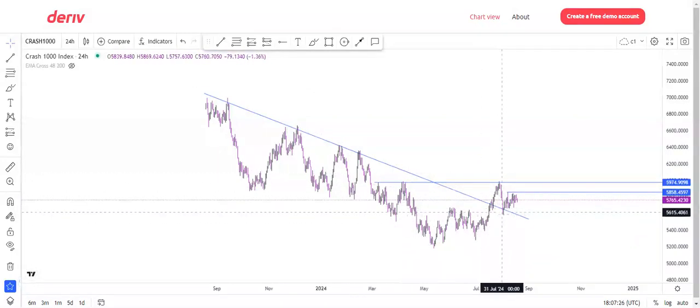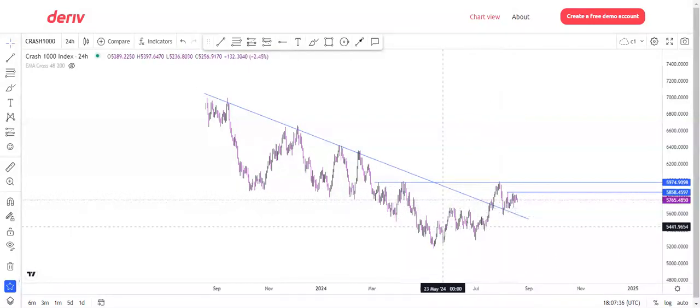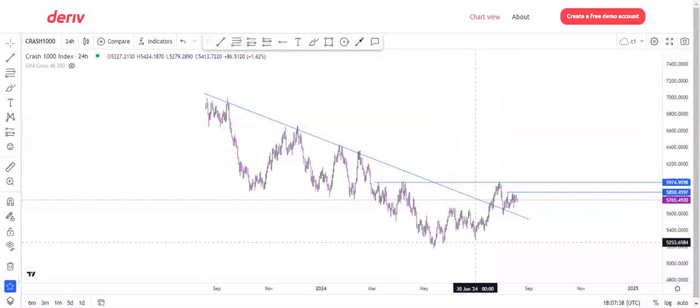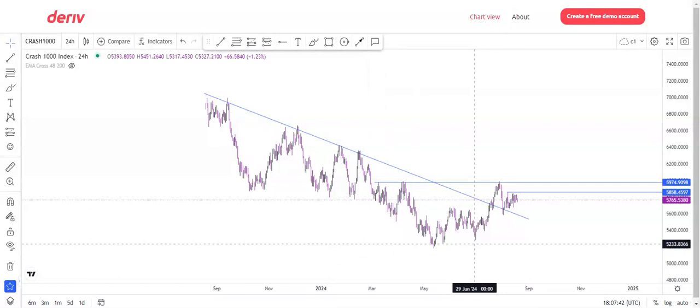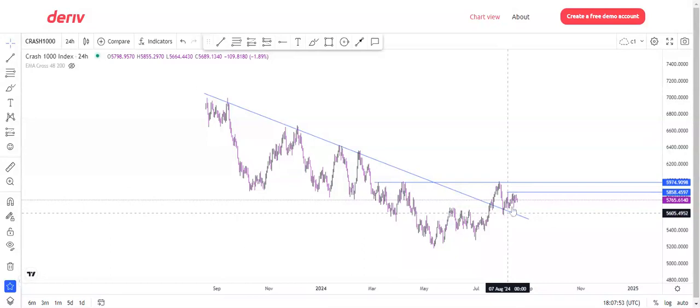Instead of the trend line, that means that we are bullish. Also, you can see that what the market is doing is we are making lower lows and lower highs.